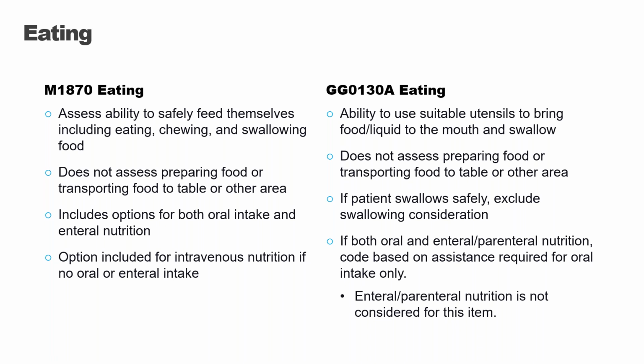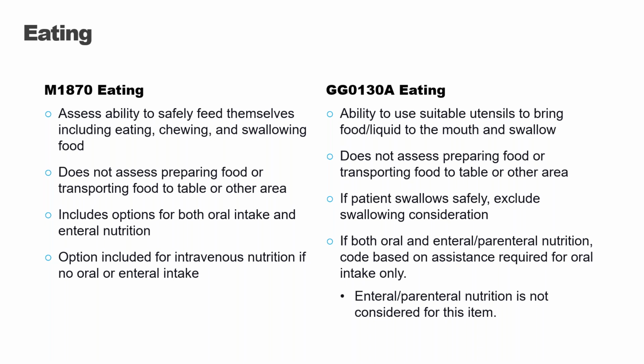Now, looking at the GG0130A eating item, it's the ability to use suitable utensils to bring the food or liquid to the mouth and swallow. That's it. It doesn't assess prep of the food or transporting to the table. We're really excluding the swallowing safety consideration here.